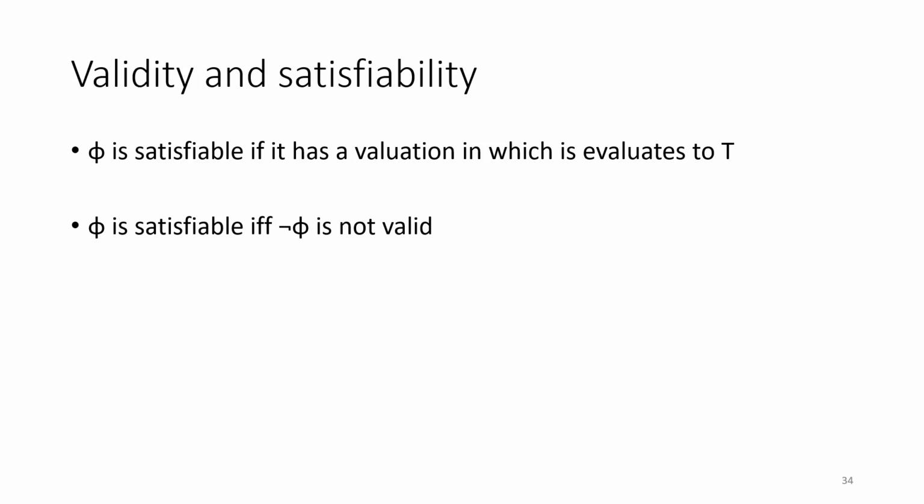So usually, you put the negation from here to there. Can we move it over there like that? We probably have to do the double negation, right? Because this is not valid. So what we do to check whether a formula is valid, we check that its negation is satisfiable.